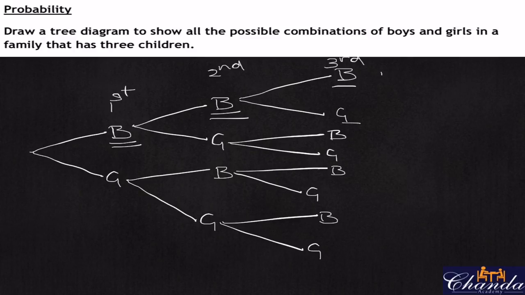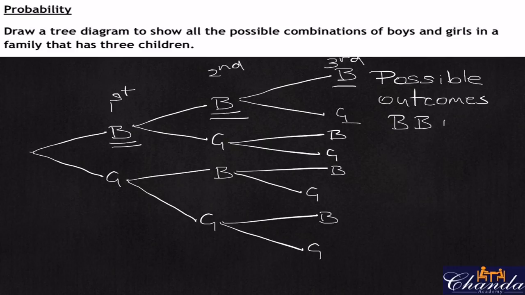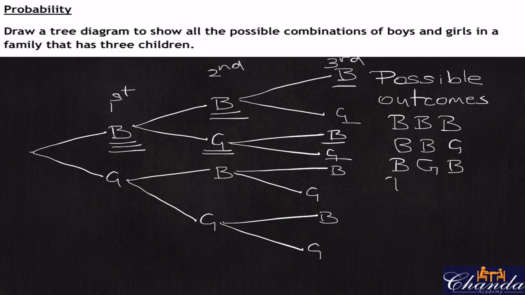So let's write this out. So we have possible outcomes: boy, boy, boy, or boy, boy, girl. We can also have boy, girl, boy. Then boy, girl, girl. Then we move to the next branch.